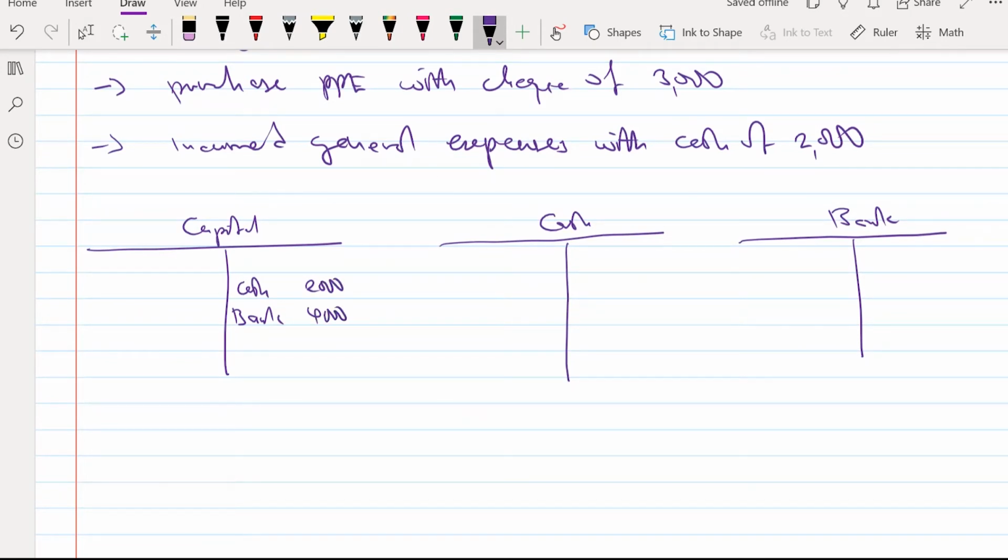Here we have capital 2,000, corresponding entry. We also have capital 4,000, corresponding entry, debit side.